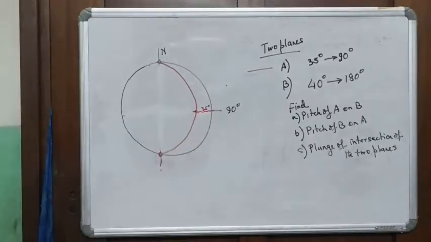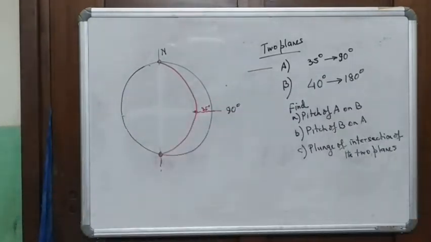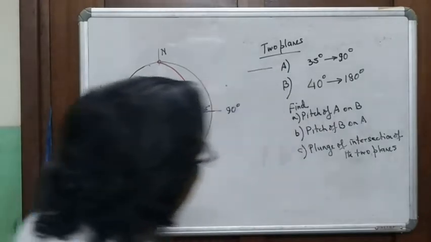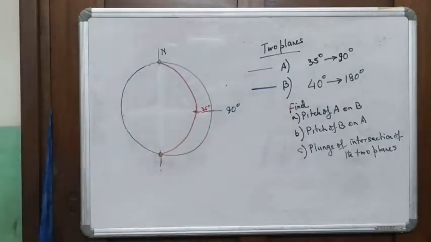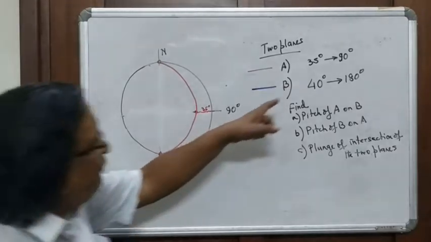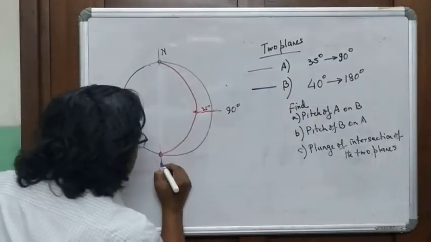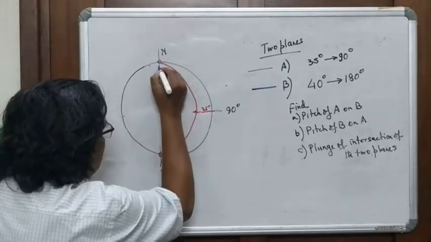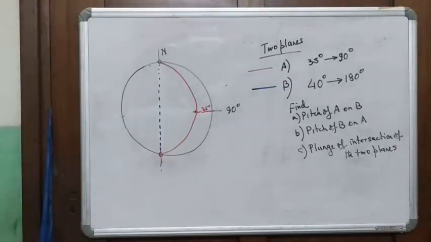Right. Now it says the plane B. I will do it with the blue. The plane B. So I draw a line like this. Plane blue. What then? 40 degree towards 180 degree north. 180 degrees this here. So this, if I draw, this is the dip line.